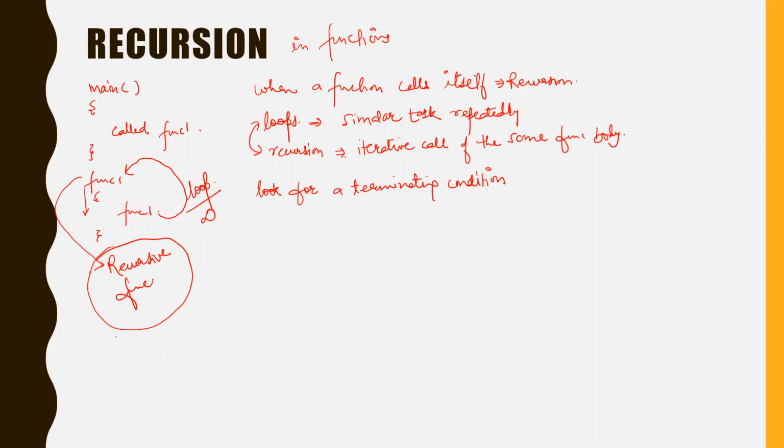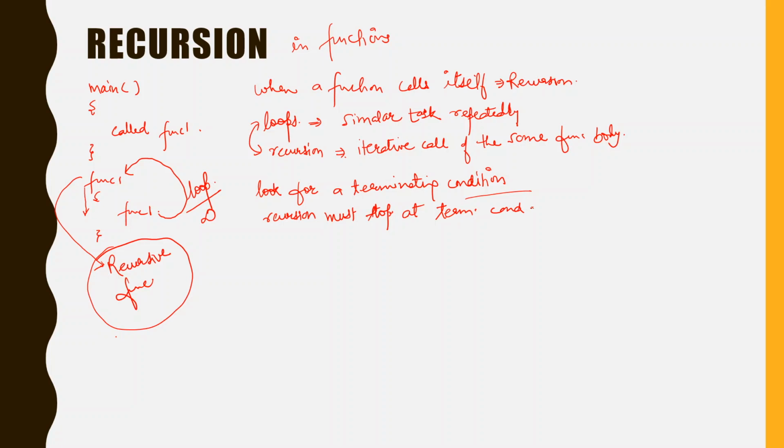Recursive functions must be designed in such a way that they come to a terminating condition, and after this terminating condition recursion stops. So recursion must stop at the terminating condition.